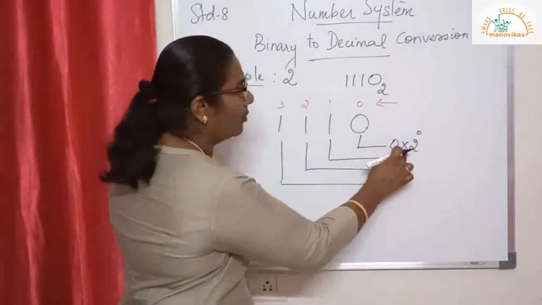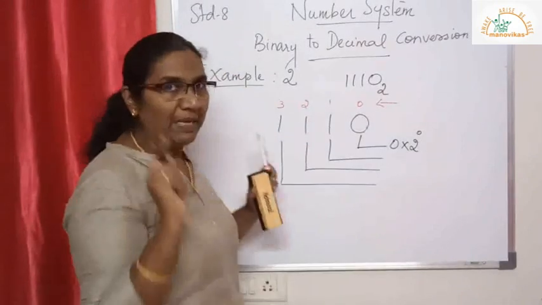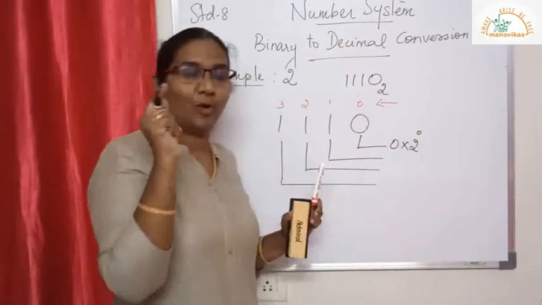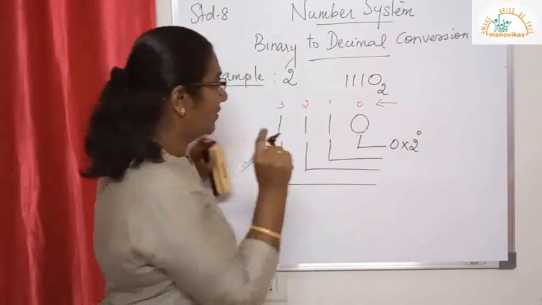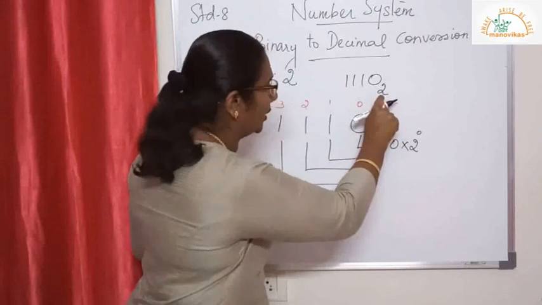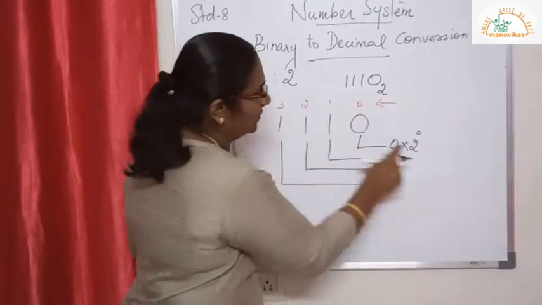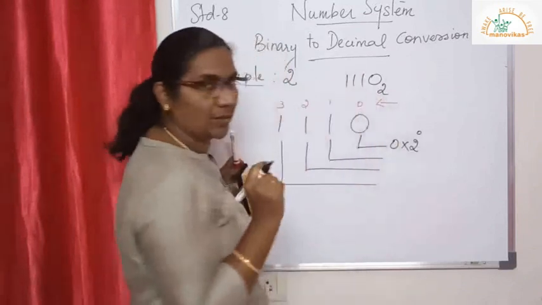That is 0 multiplied by the base, which is 2, to the power of 0. Please repeat watching this part of the video because this is very important. That is, take the digit, multiply by the base value to the power of its position. That is 0 multiplied by 2 to the power of 0.